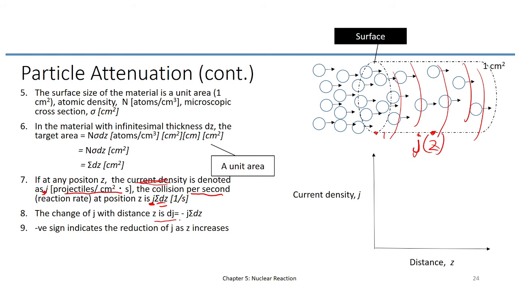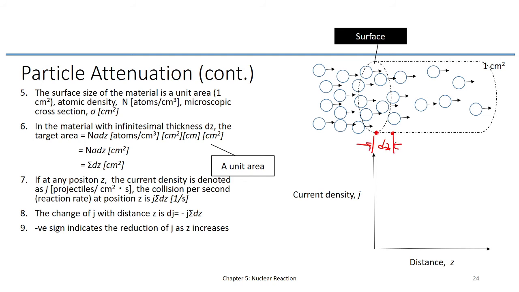Which is why the change of current density with distance z is dj equal to minus j uppercase sigma dz. Let's say this is dz.